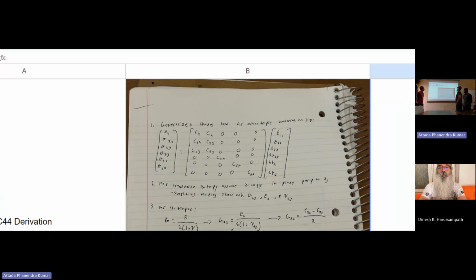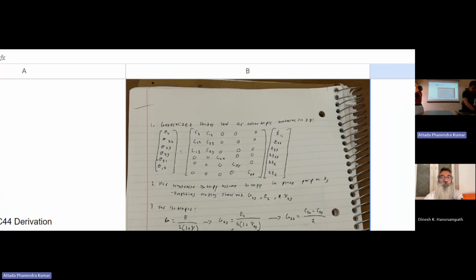So the foundations of this is we start with the generalized Hooke's laws, like we talked about before. At the very top, when we start all this, we have this 6x6 matrix with C11 through C66. This is the foundation for how we derive the rest of these equations.